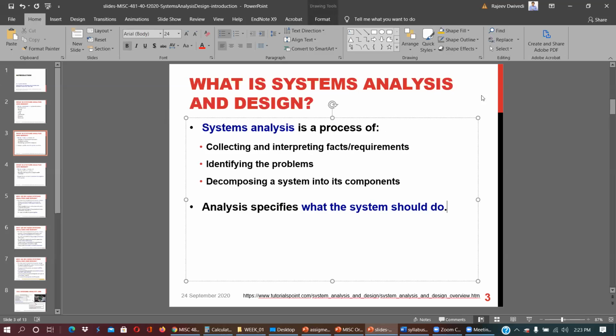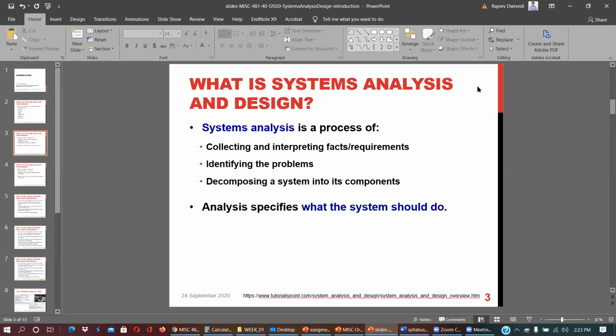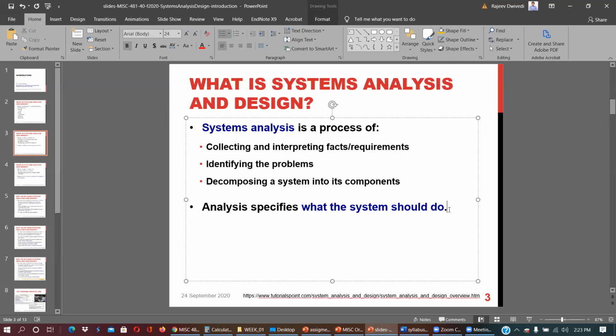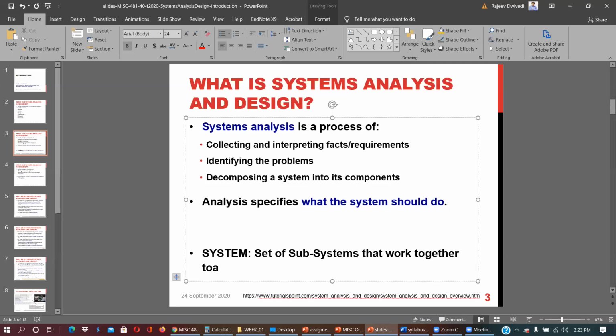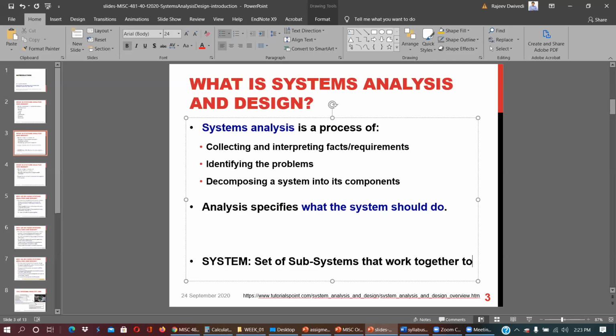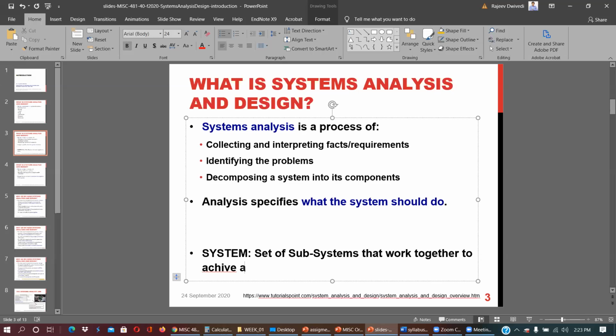If you understand the definition of a system, how do we define it? A system is nothing but a set of components or subsystems that work together to achieve a common objective or goal.